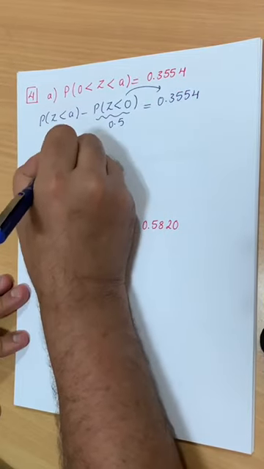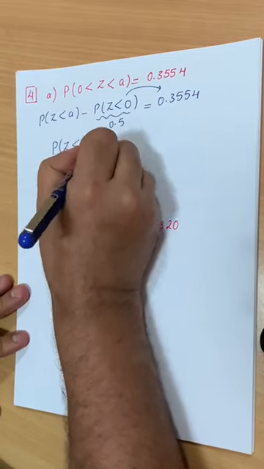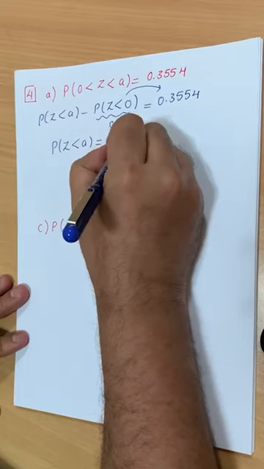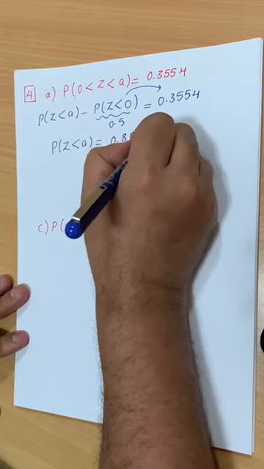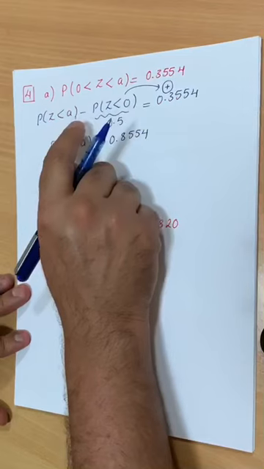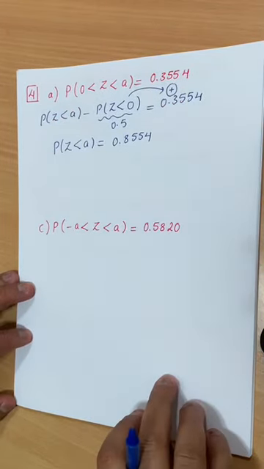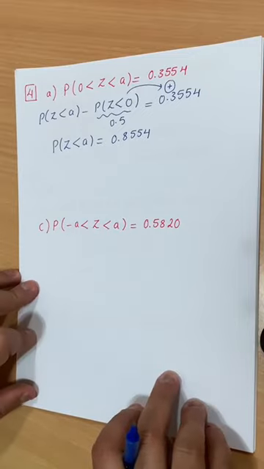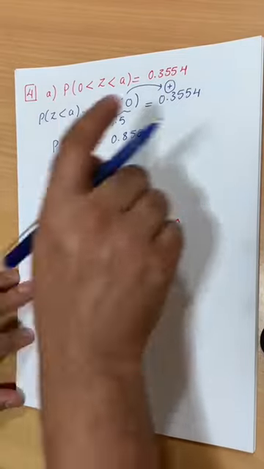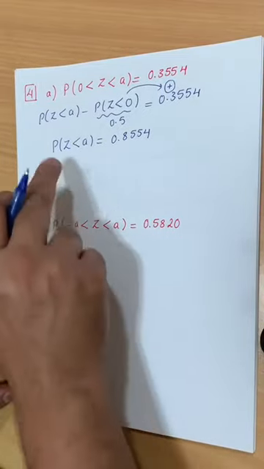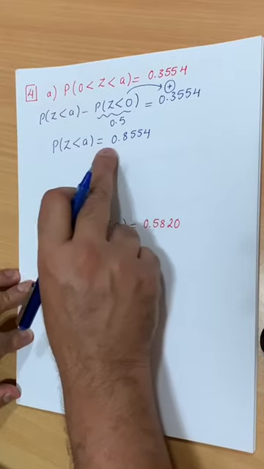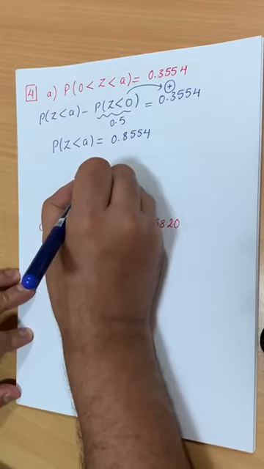So probability of Z less than A is 0.8554 because you add that. It was having a negative sign, you only move that to the other side, so you'll have the positive sign. So you're supposed to add them. Now this is more than 0.5, so A has a positive value.